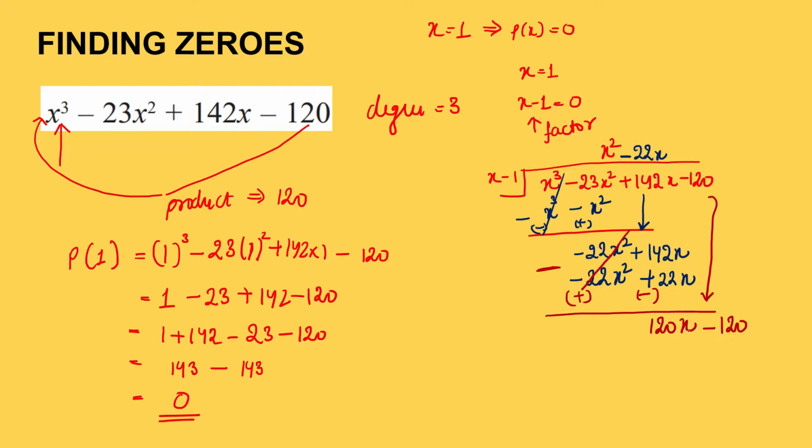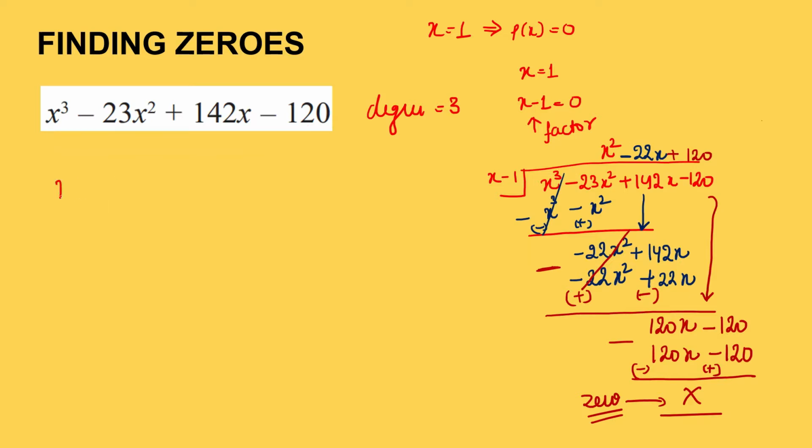Now here is x. Here also in the quotient we have x, but there is extra 120. Positive 120. Multiply it, you will get 120x, negative 120. Subtract it, change the sign. You will get 0 as a result, which is a kind of verification in order to check whether x minus 1 is a factor of the given polynomial or not.